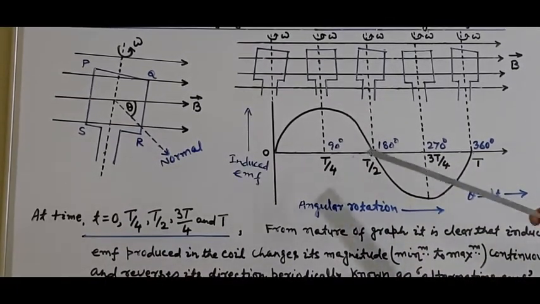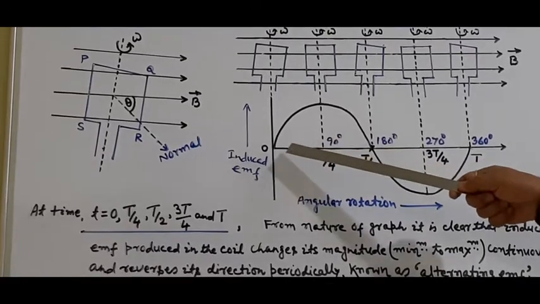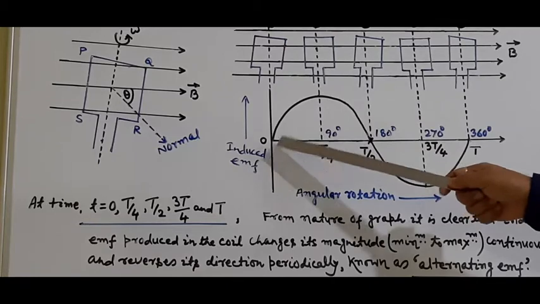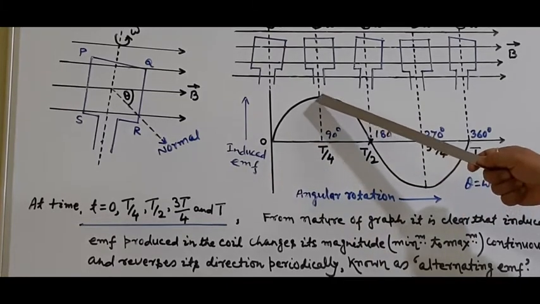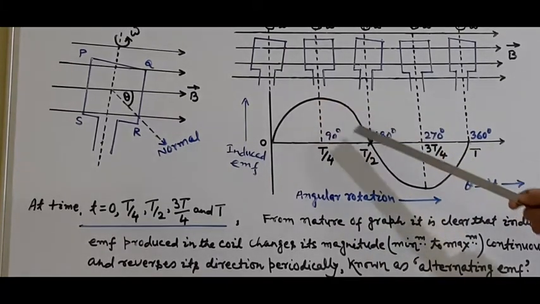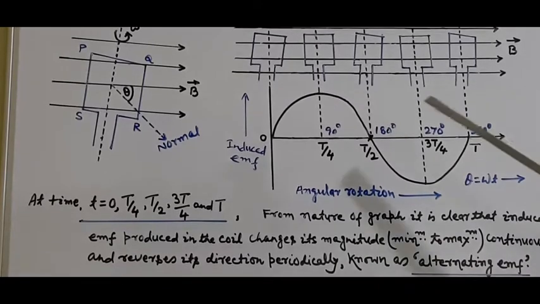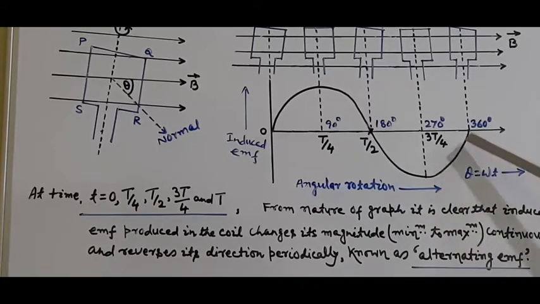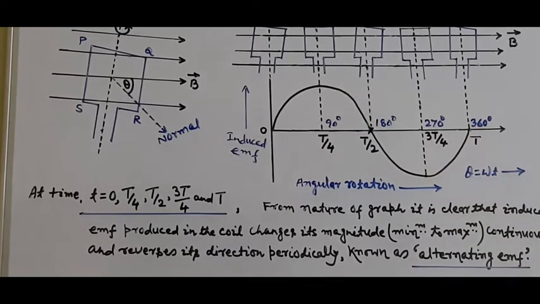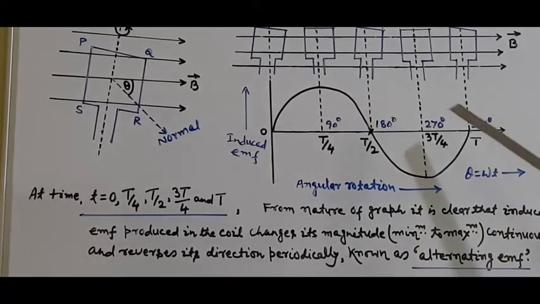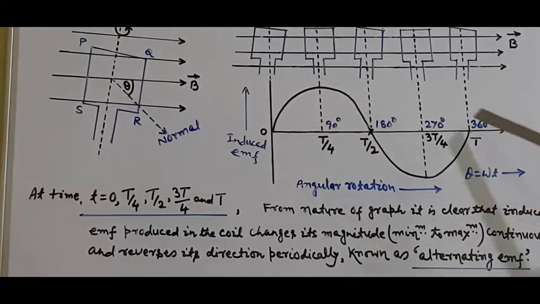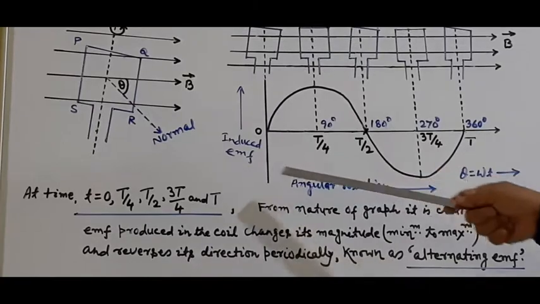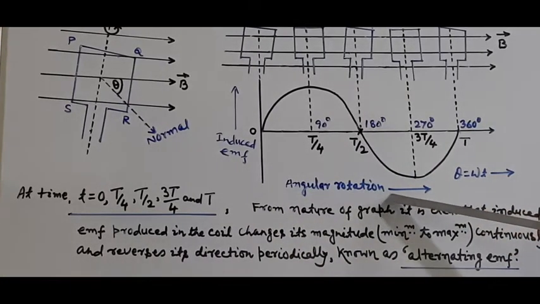It is found that this induced EMF changes its magnitude from 0 to maximum and then maximum to 0 in one direction, and again from 0 to maximum and maximum to 0 in the opposite direction. So from the nature of this graph, what can we conclude? This graph is between induced EMF and the angular rotation.